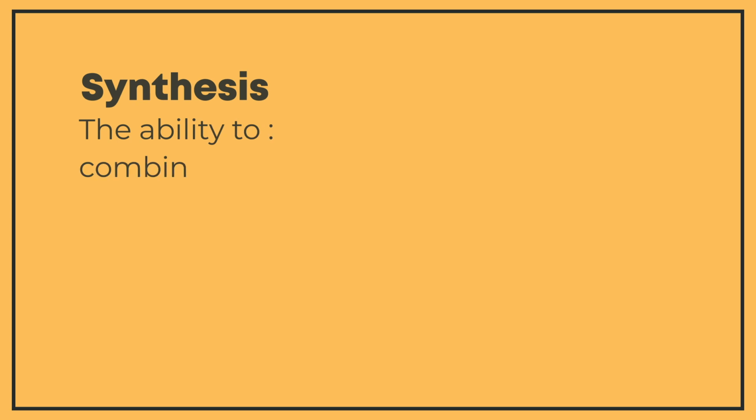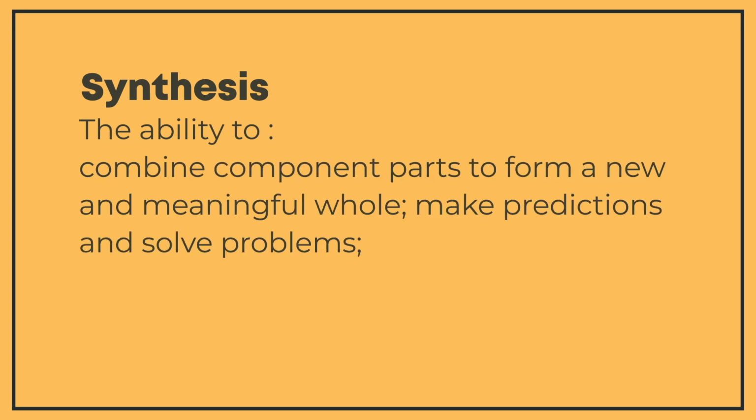Moving on to synthesis. When we talk about synthesis, you are pretty much combining and making it new again. So you are provided with something, but how can you utilize that to make predictions and solve a problem? You know, putting the pieces of a puzzle together. That's pretty much synthesizing.